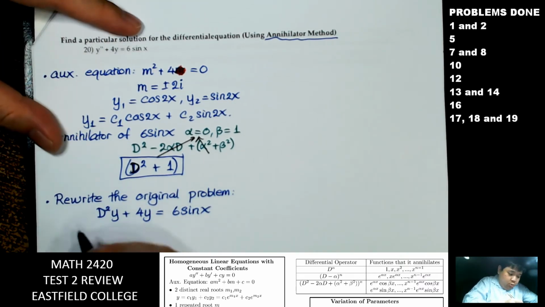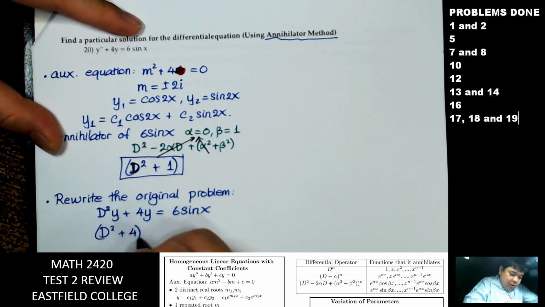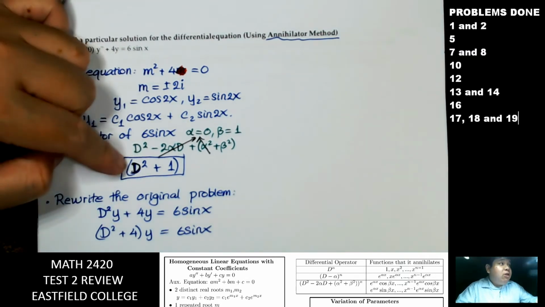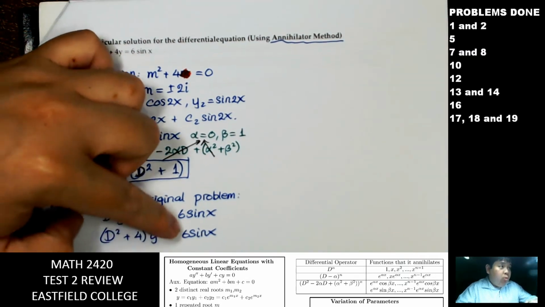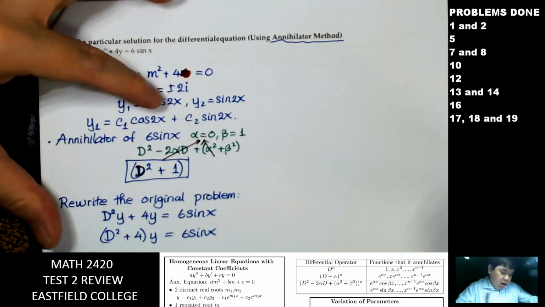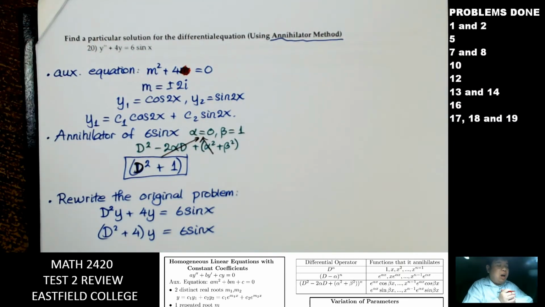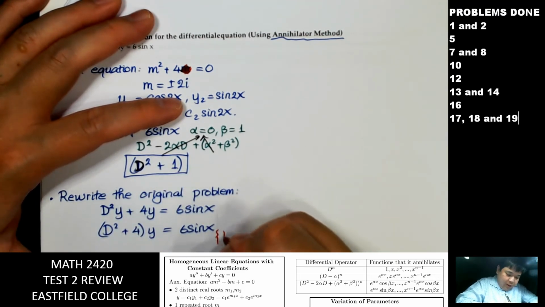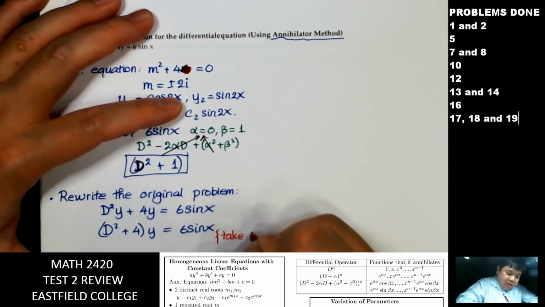Factor out the y. Right. Next, we will have the annihilator take derivative of that on both sides, meaning we multiply that on both sides. So take the annihilator on both sides.